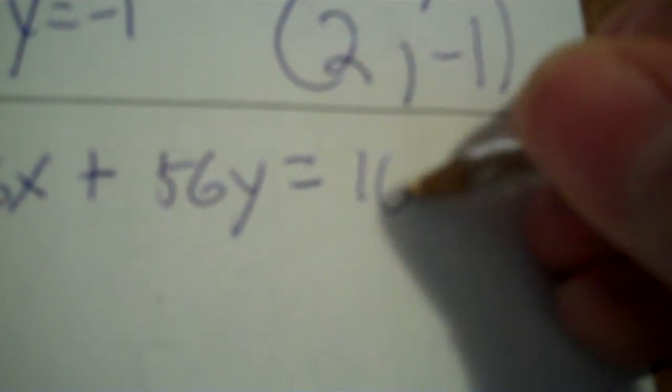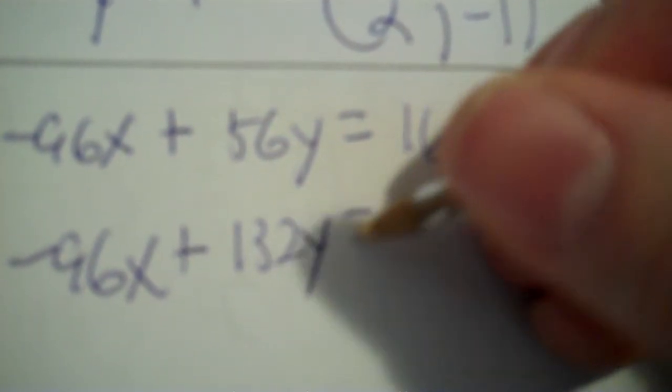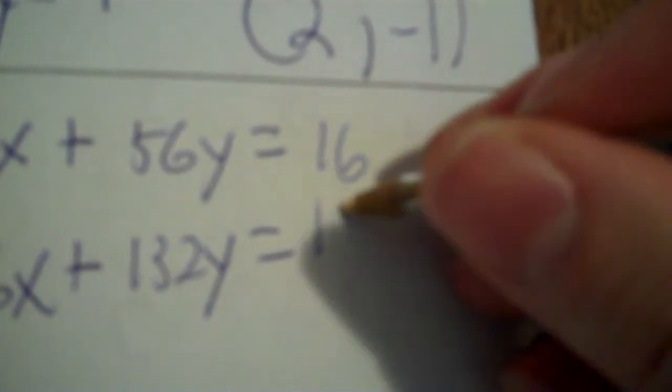Then I take -8 times -2, and that's +16. Now on the bottom I take -8 times 12, and that's -96x. Then I take +11 times 12, and that's 132y. And then I take 14 times 12, and that's going to be 168.